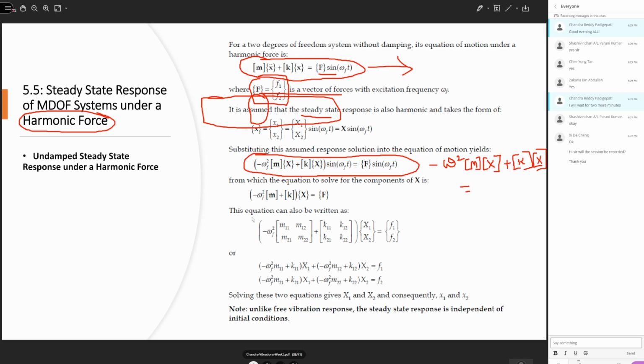So we write the force matrix here, multiplied by sine omega t.